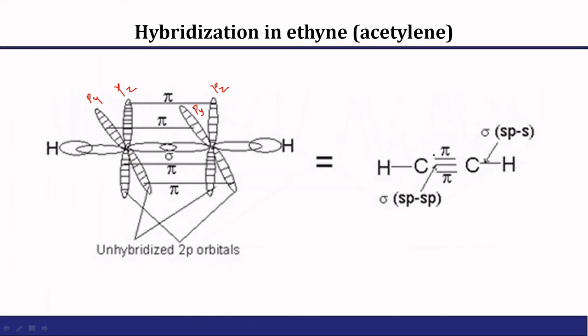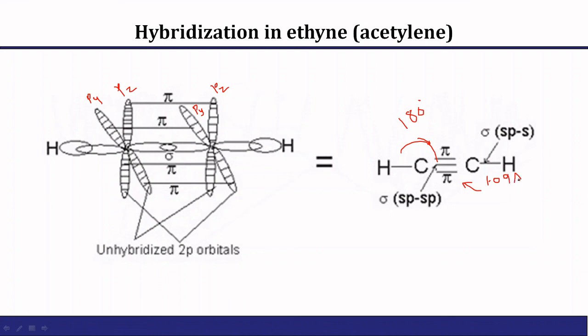So this is the bonding in ethyne, that is acetylene. The angle between hydrogen, carbon and carbon is 180 degrees. The bond length of the carbon-hydrogen bond is 1.09 Angstrom, as we have discussed in the earlier case.